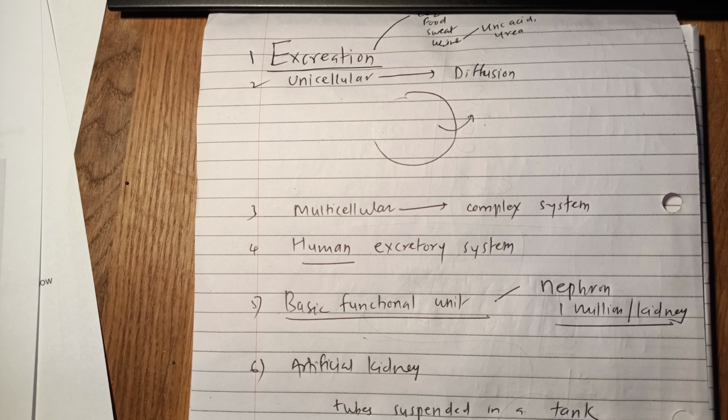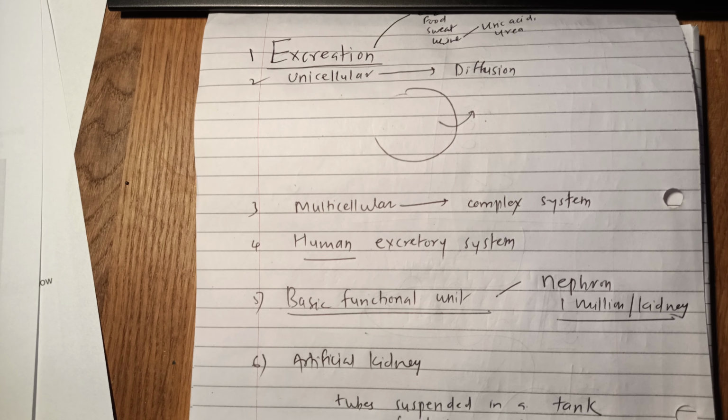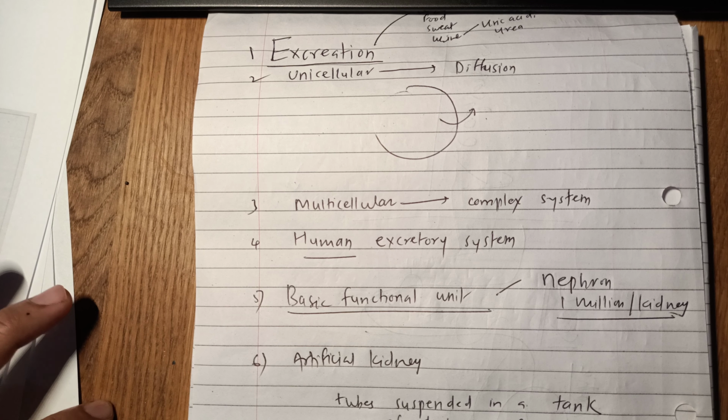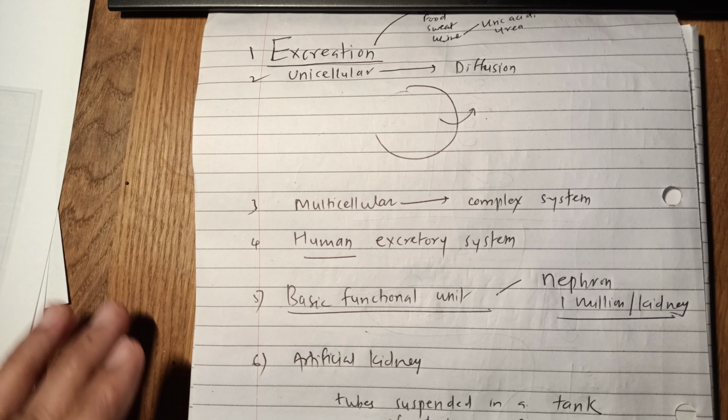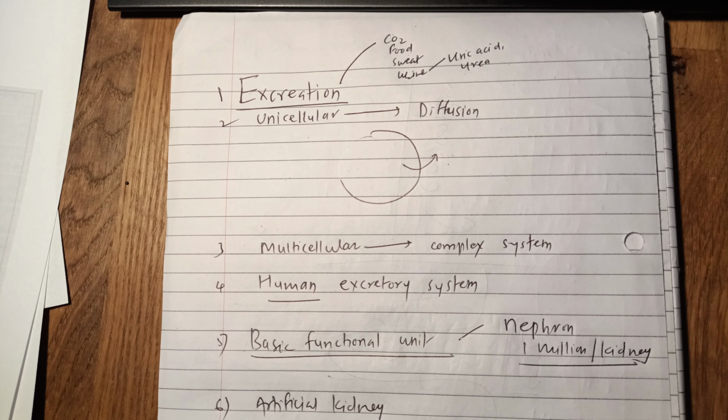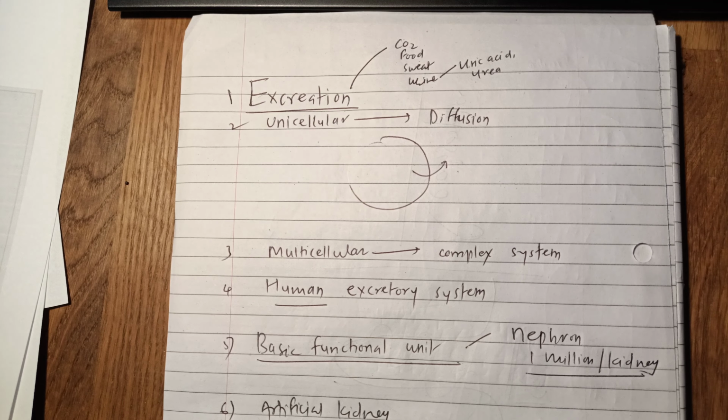There is a filtration of the blood. 180 liters of volume is filtered, but only a couple of liters of urine is produced, so the rest of it is reabsorbed. Okay, and artificial kidney, that is hemodialysis, is used to replace the natural kidney in case both kidneys fail to function. So I hope this is useful for you.